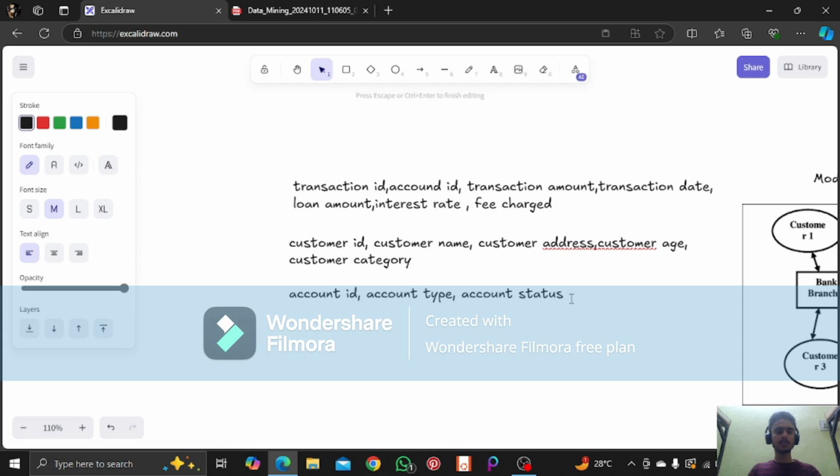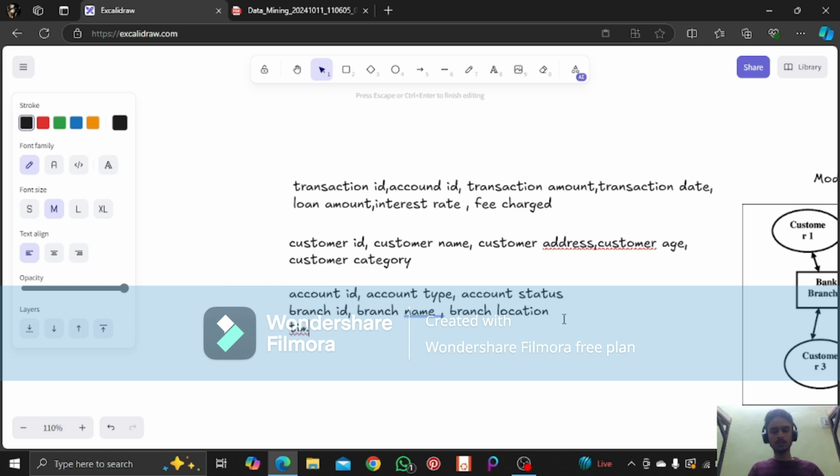The branch dimension includes branch ID, branch name, and its location. Basically, the branch dimension provides the details about the branch where the transaction occurs or is being done. So next is the time dimension.